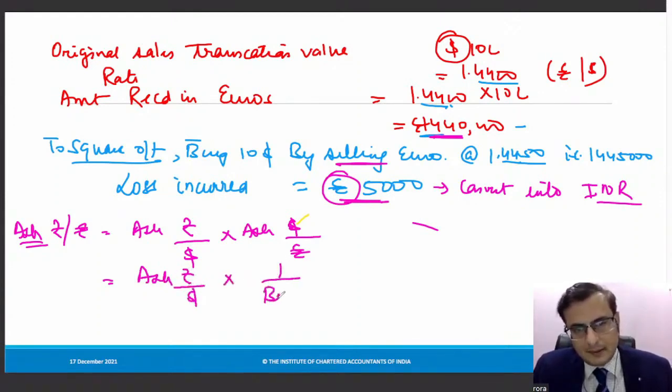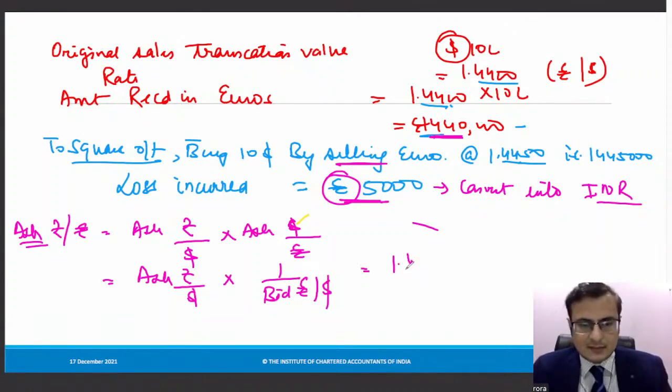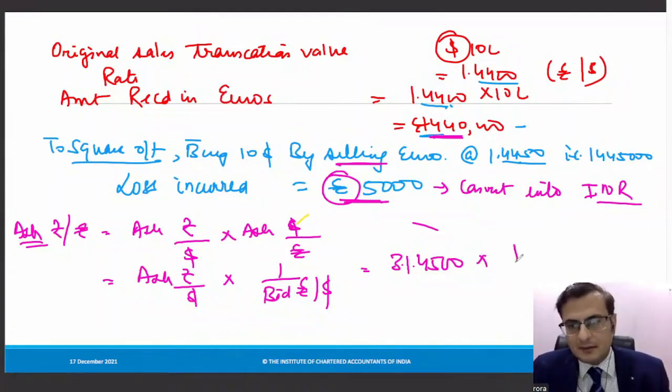One by bid, this will get changed, right? Accordingly, euro will come first, dollar will come later. 1 divided by this, 31.4500 into 1 by bid.